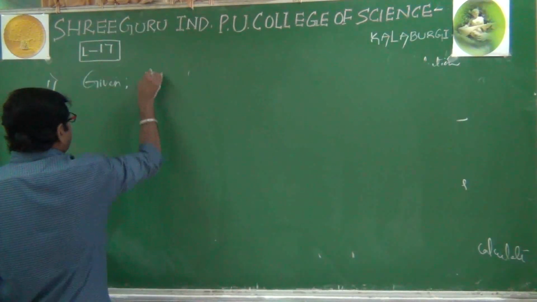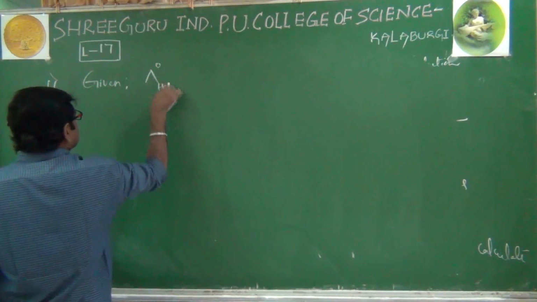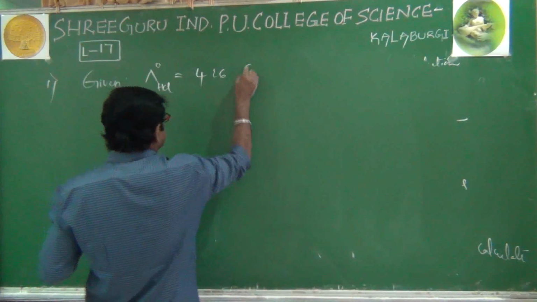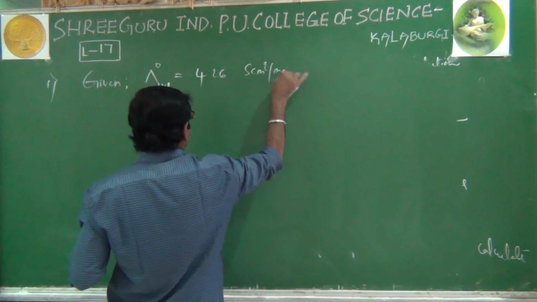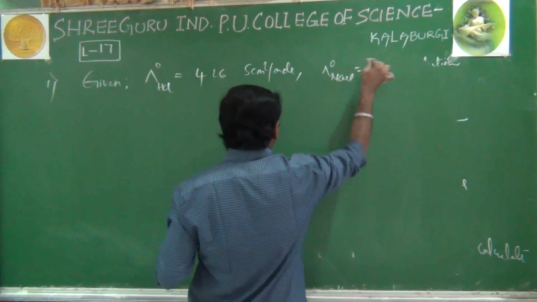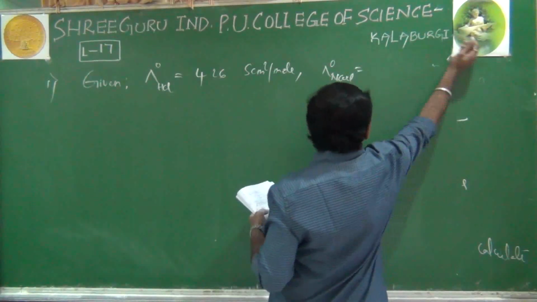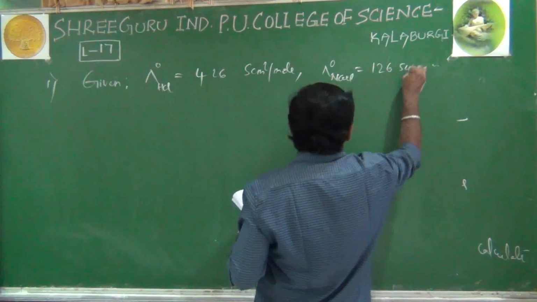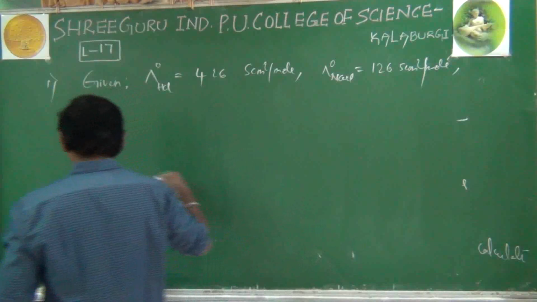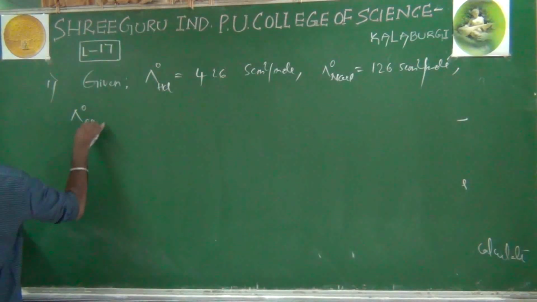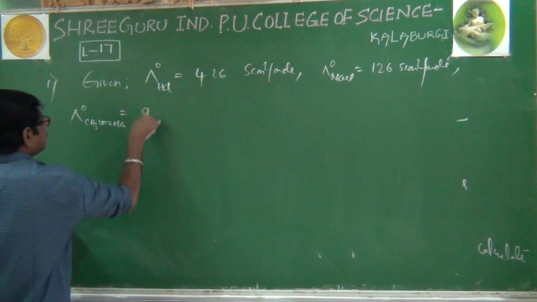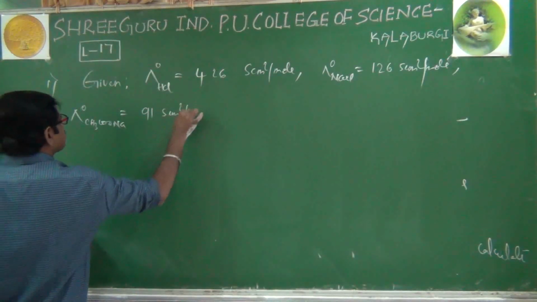Given lambda naught of HCl is equal to 426 Siemens centimeter square per mole, lambda naught of NaCl is 126 Siemens centimeter square per mole, and lambda naught of CH3COONa is 91 Siemens centimeter square per mole.